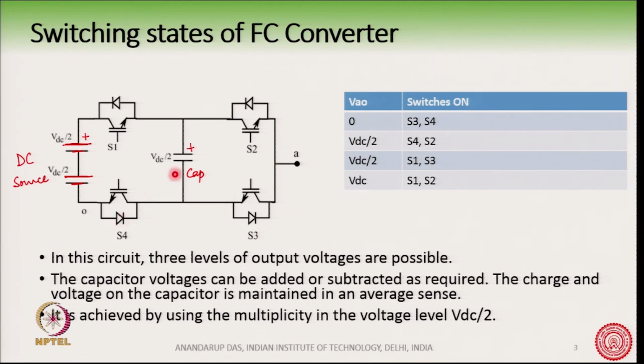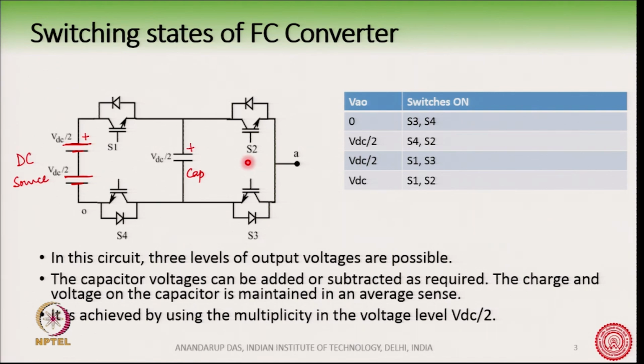I can turn on these two diagonal switches. Then VAO voltage will be equal to the capacitor voltage once I turn on S2 and S4, and the capacitor voltage we maintain at VDC by 2.